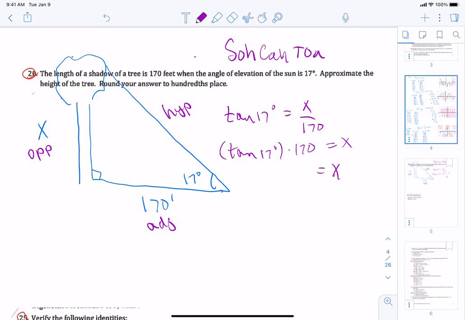So that would be 593.97 feet. Okay, so that is number 20. Okay, any questions about that one?